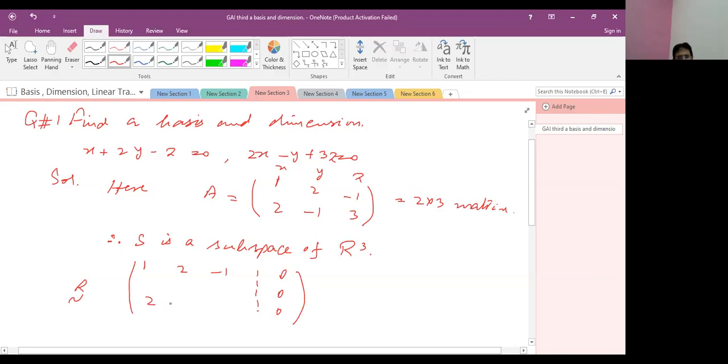In the next step, we apply the row operation: first row as it is, minus 2 multiplied by R1 plus R2. It means change in R2. So minus 2 plus 2 is 0, minus 4 minus 1 is minus 5, plus 2 plus 3 is 5, and 0.